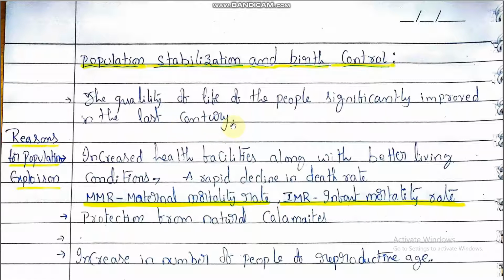So, population stabilization and birth control. The quality of life of the people significantly improved in the last century. The lifespan of the people significantly increased during the last century. So what is the reason the lifespan of people increased? Increased health facilities along with better living conditions.